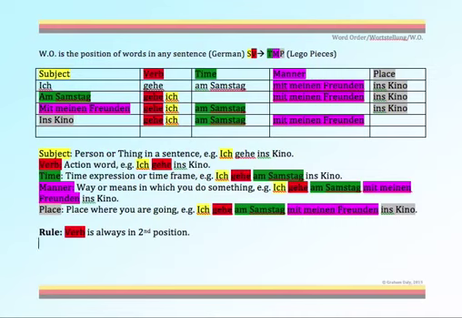So the rule is the verb is always in second position. The exception to this rule is that the verb, red in the table, is in first position when asking a question.